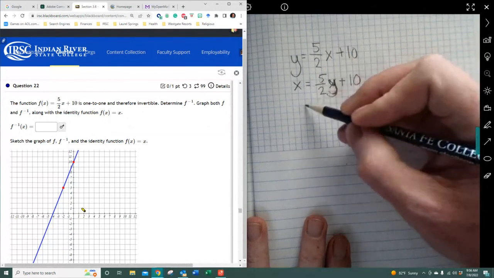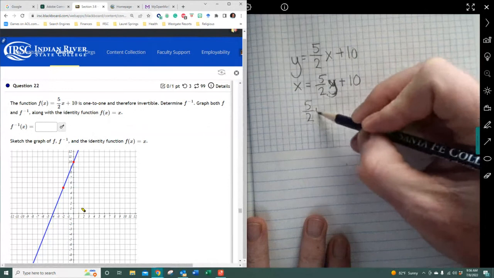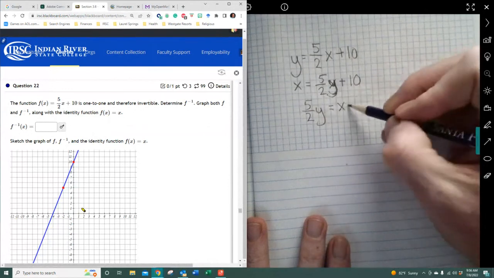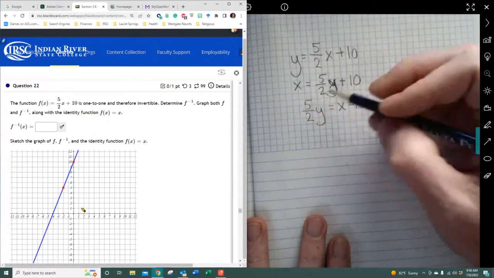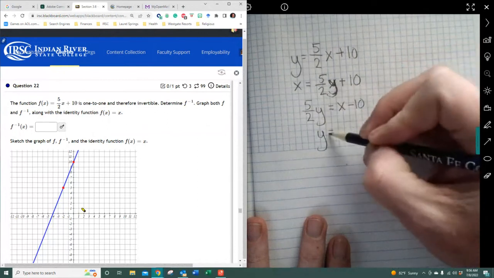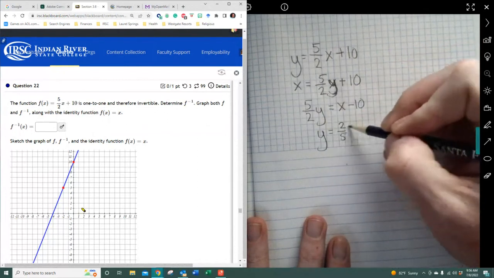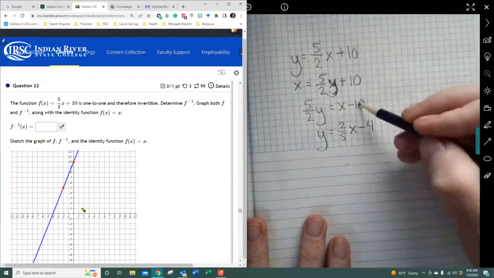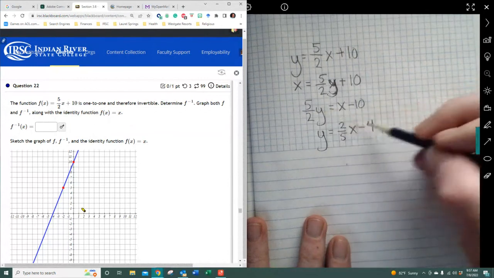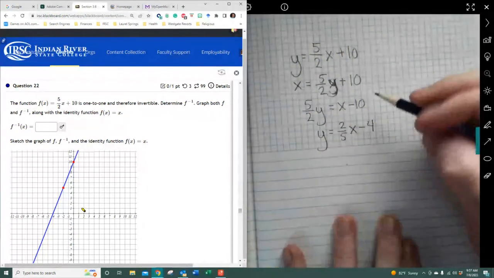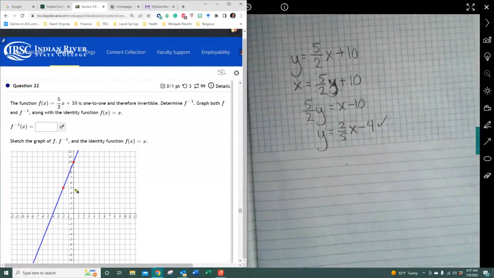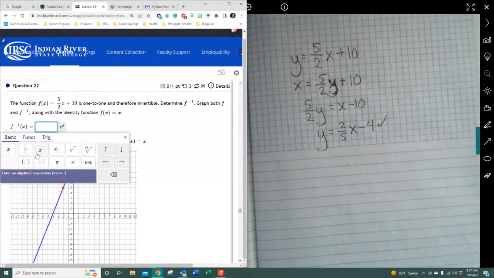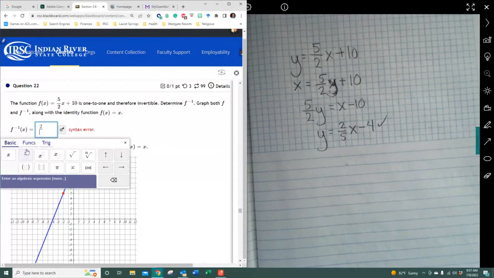I'm going to subtract 10 from both sides, and then multiply both sides by 2/5. So 5 goes into 10 two times, and 2 times 2 is 4. So here's the inverse function: a fraction 2 over 5, then x, and then minus 4.